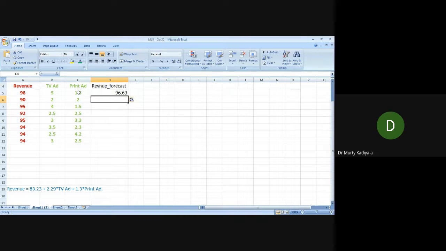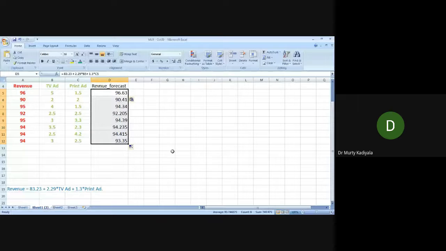What is the predicted value? 96.63. This is the predicted value, right? If you repeat this for the others, then these are the values. These are the values, isn't it?